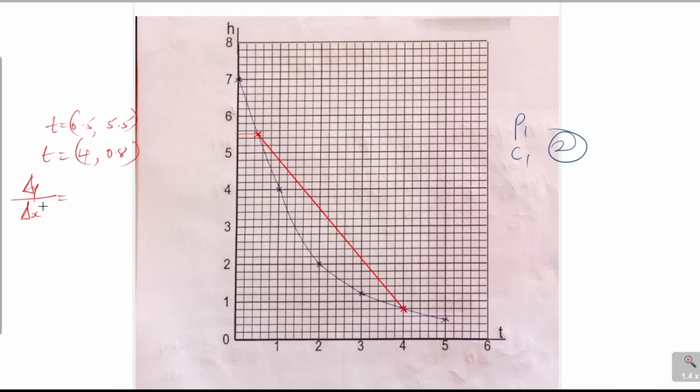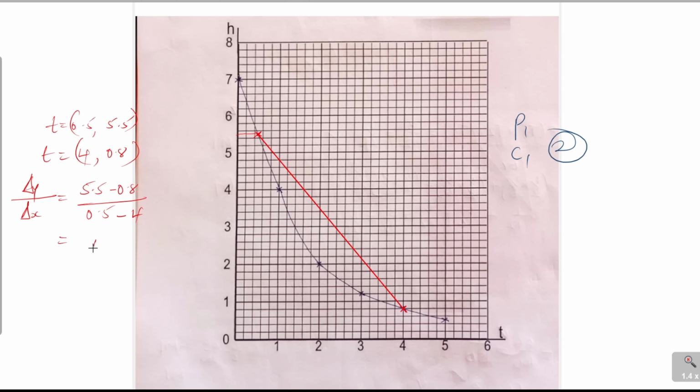So change in y. We start with the 5.5, subtract 0.8, then divided by 0.5 subtract 4. That is how you get the average rate of change. It is the gradient of that straight line that is there.